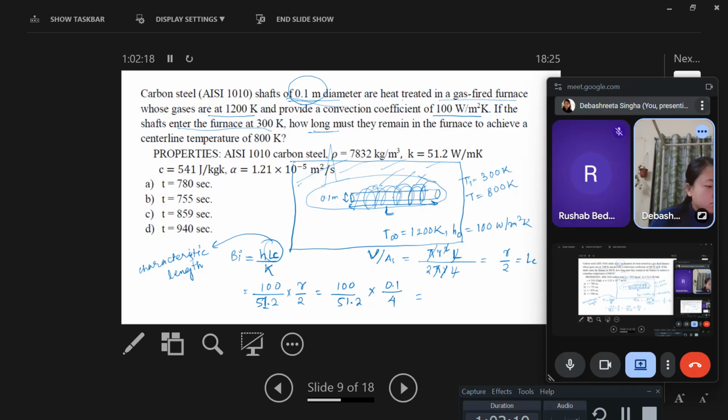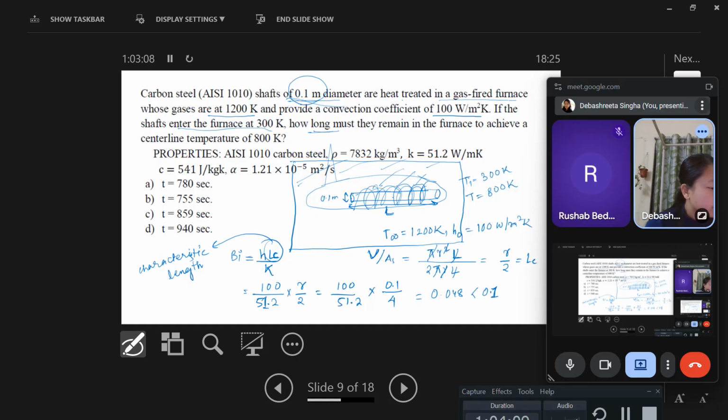So how much is this? So this is less than 0.1.